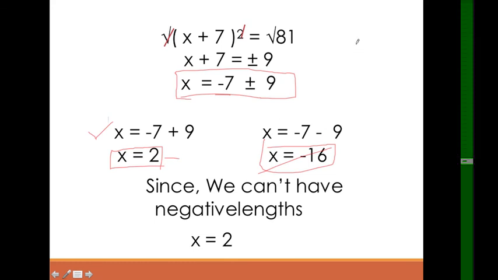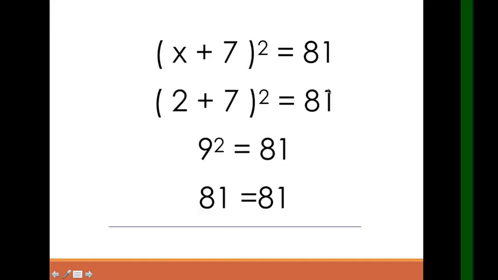Therefore, yung side nung original na small square kanina ay 2. Okay? 2 yung sides niya. Nag-add siya. Which is actually obvious because 2 plus 7 is 9 and 9 squared is equal to 81. This is the checking part. So we have x plus 7 squared equals 81 and the value of x is 2, plus 7 is 9, squared is 81.